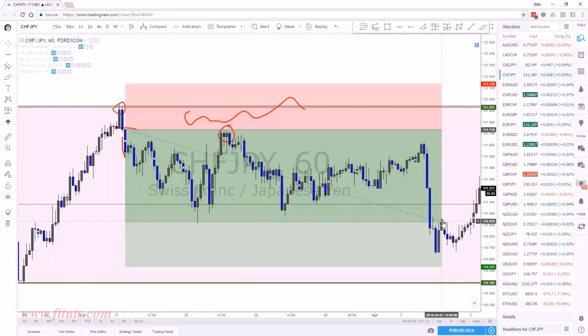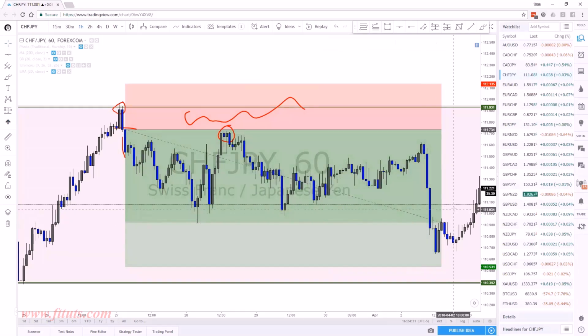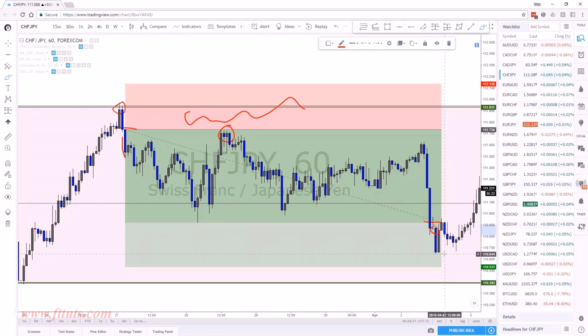So once this second candle here closed above this previous candle here, it was telling me that buyers were coming back into the market and I should just take what I've made, secure that, and be happy with it.